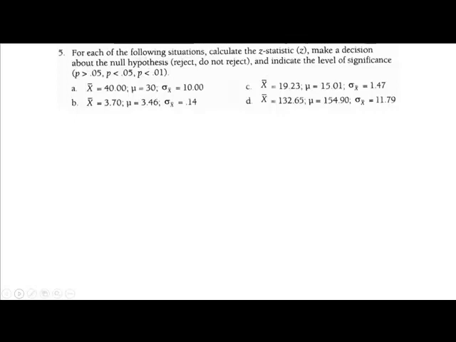Okay, so for this one, what we need to do is act as if we are testing a hypothesis, and we're going to see if our sample is different from the population, and in that case we will see whether it goes past the cutoff. So let's do a z-score. Z equals x bar minus mu divided by standard error, which we're given this time.